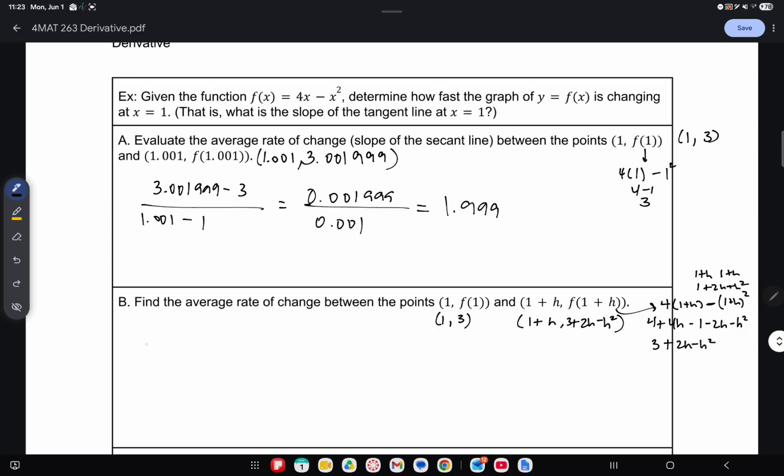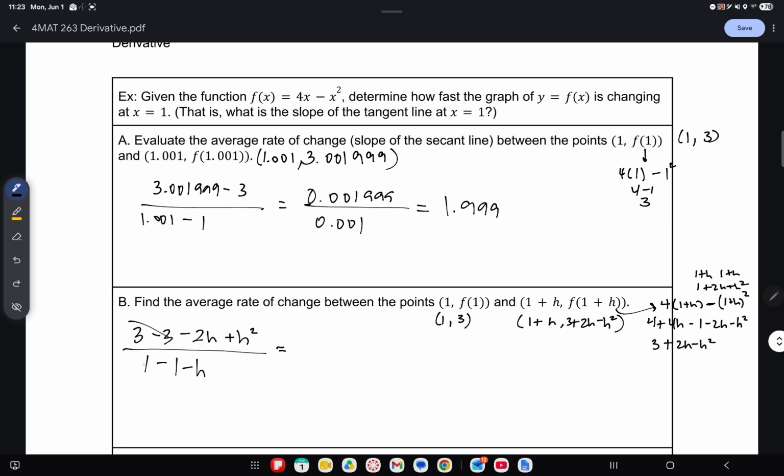And so if we want to find the rate of change from there, let's do y, and then minus the y value, so I'm going to subtract all those over: minus 3 minus 2h plus h squared, all over 1 minus (1 plus h), so minus 1 minus h. And let's simplify.